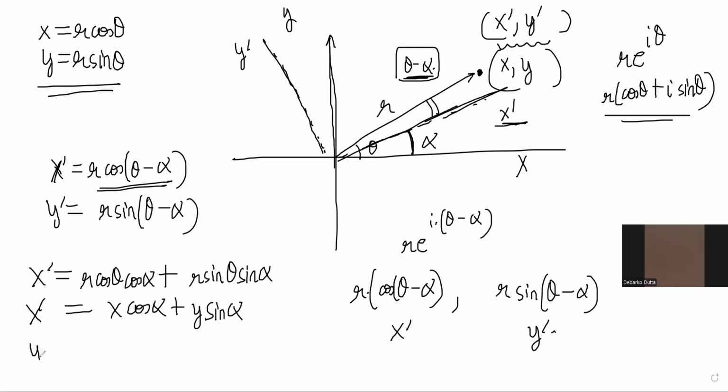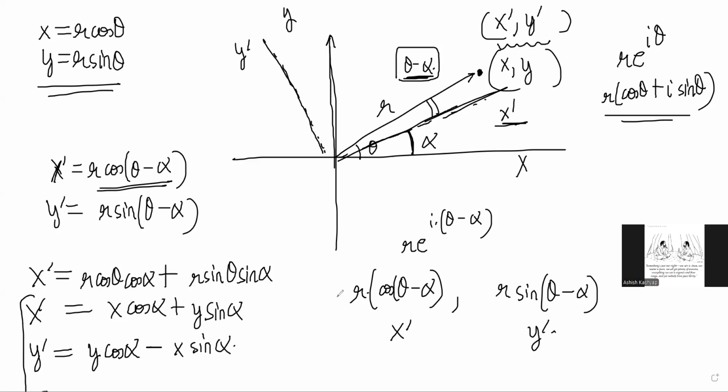And similarly, y dash also will come. r sin theta cos alpha, r sin theta is y, so y cos alpha, minus r cos theta sin alpha, so x sin alpha. So this becomes the equation that connects the new x dash, y dash to the old x and y, right? Right. So if a curve had some equation in the old coordinates, I can find the new equation in x dash y dash for it, right?